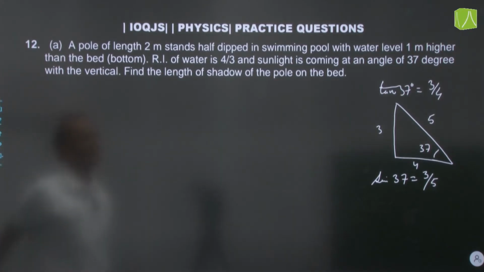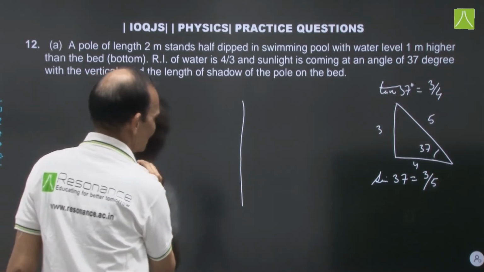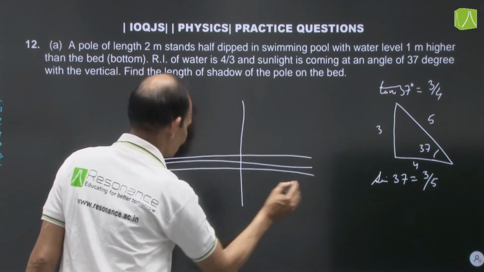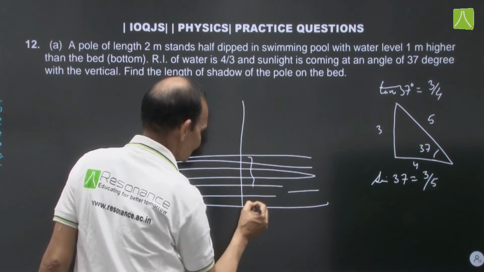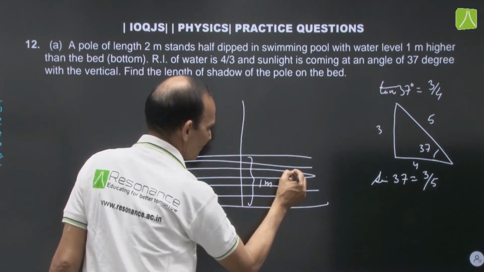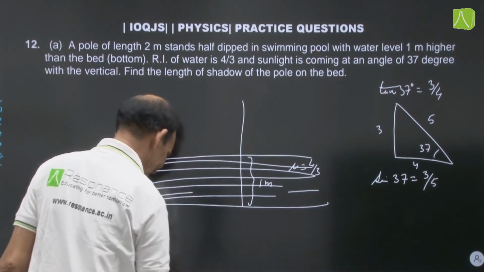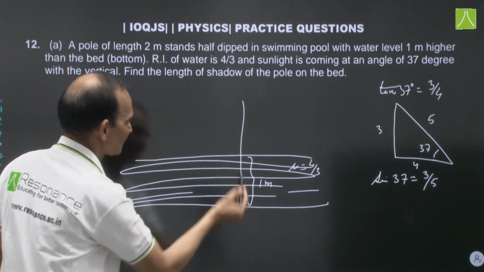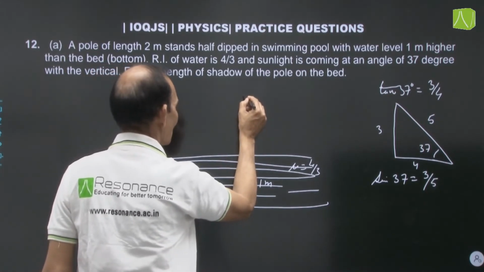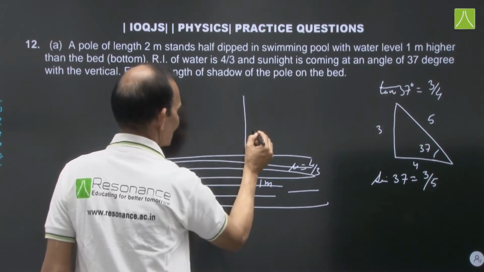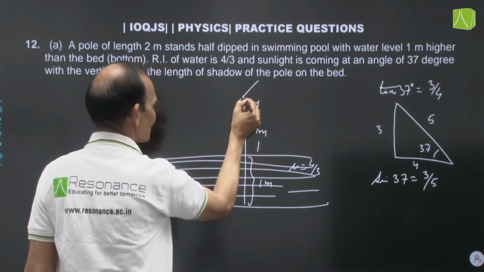Now think about the question. It is a pole. This is the bed. Water is 1 meter deep, and mu is 4 by 3. Good. Sunlight is coming from here. It is also 1 meter. Sunlight is coming in this way.